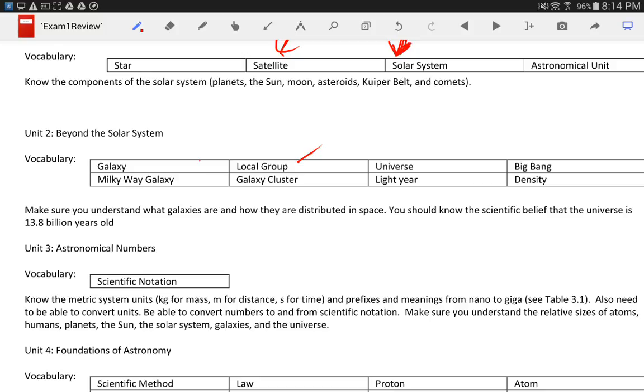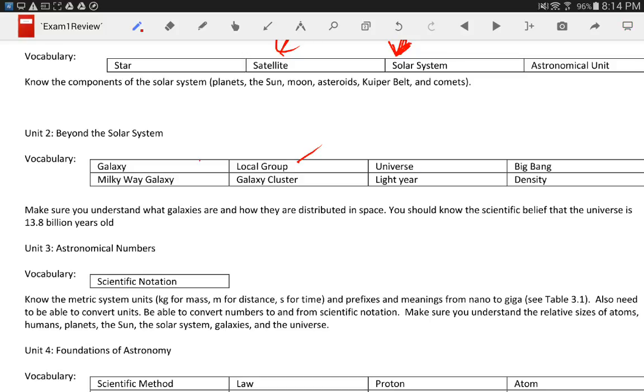It was a small dwarf elliptical, and now it's just a being torn apart galaxy, at least so I believe. You go bigger, you have superclusters. We're part of the Virgo cluster. You have the entire universe, which is made up of galaxies that appear to be on lines called filaments.